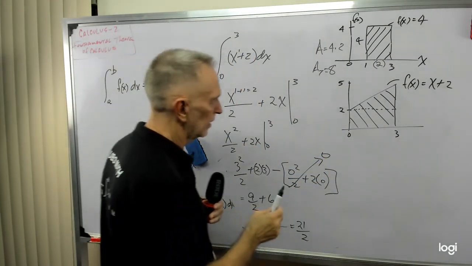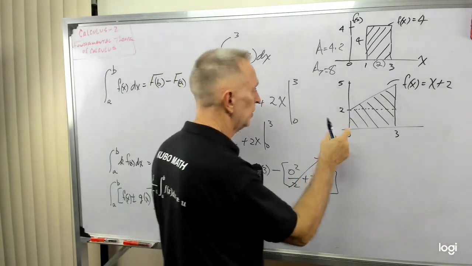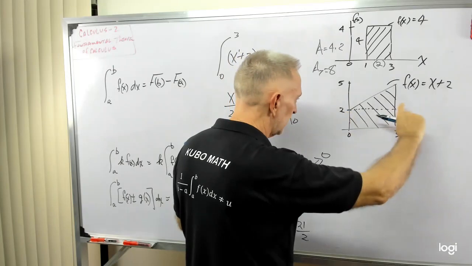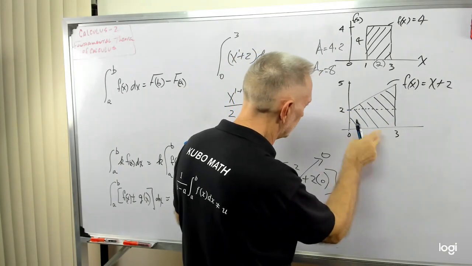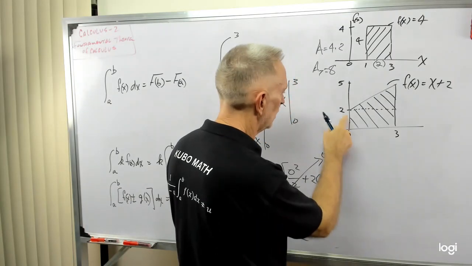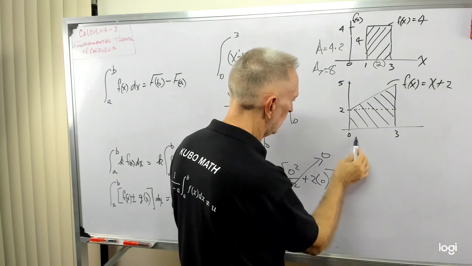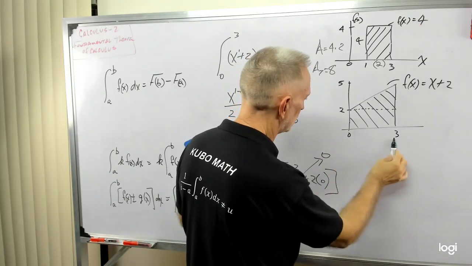Now then, let's challenge ourselves by looking at this with just the areas of these two, the rectangle plus the area of the triangle. So the height on the rectangle here is 2. The width of this is 3.